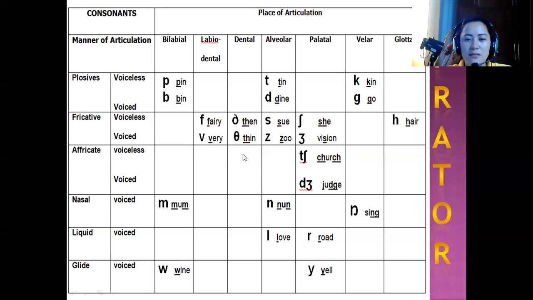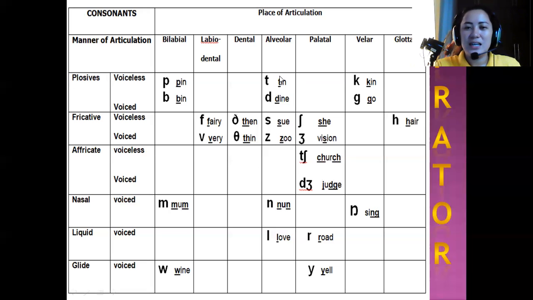I was mistaken. Like in the words then and thin. It's dental because you are using your teeth. To be specific, it is interdental, because it's between the upper teeth and the lower teeth.